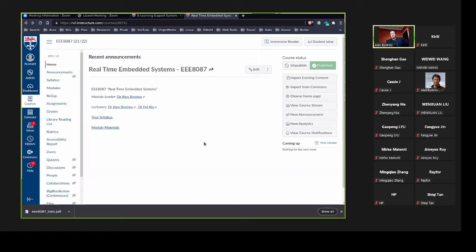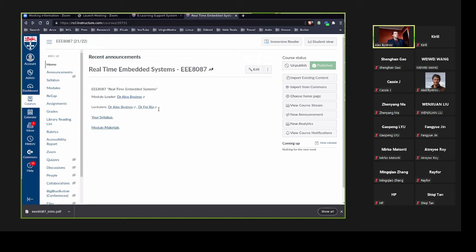So this is our Canvas page. This is what you see when you log in to Canvas and open this module. It contains the names of the lecturers whom you will see. You know me, it's Alex Bystrov. We did some modules before. And there will be another member of staff, Dr. Fei Xia. He is our senior researcher and lecturer.